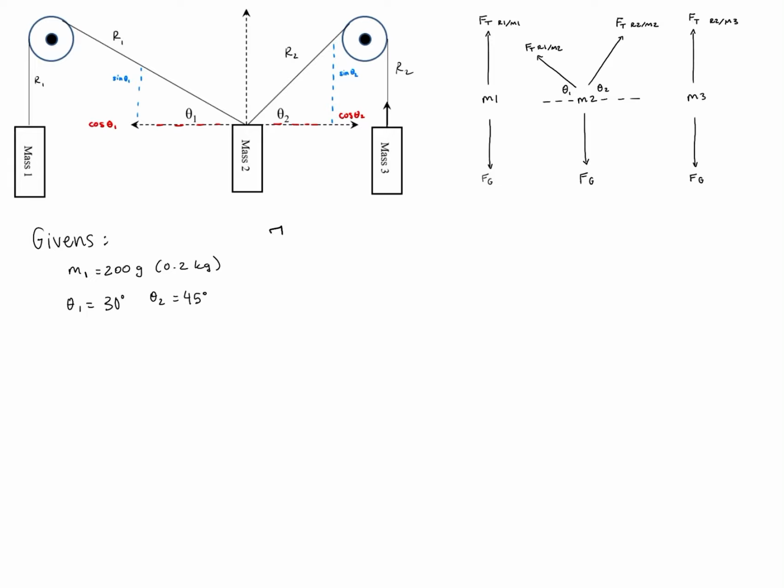So we have the sum of the forces in the y for mass 1 equals ma, and that is going to be equal to force tension 1 minus m1g, since gravity is acting in the opposite direction of force tension.